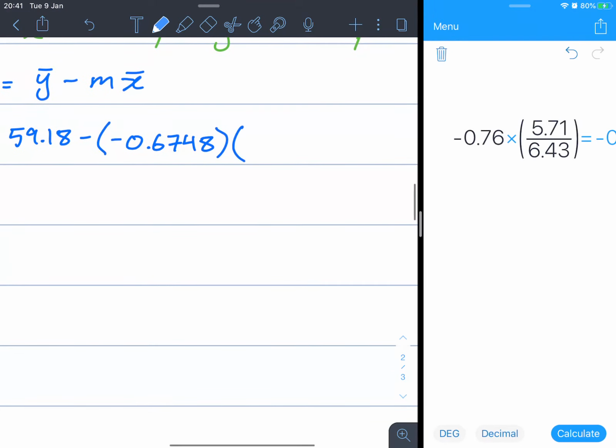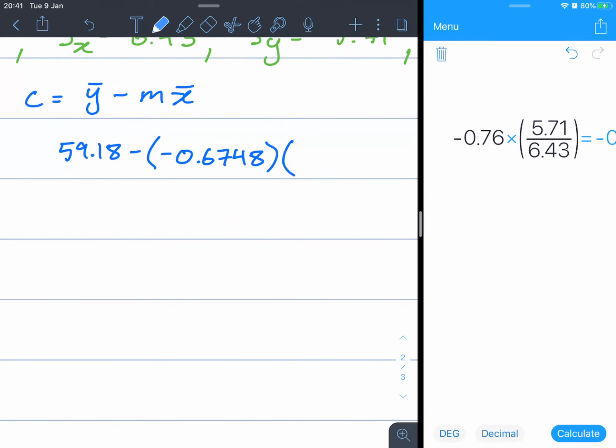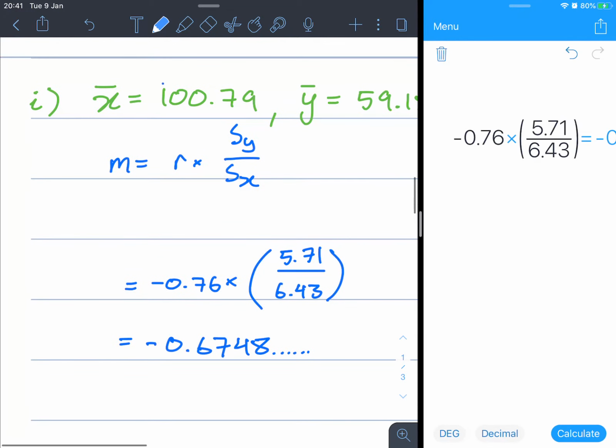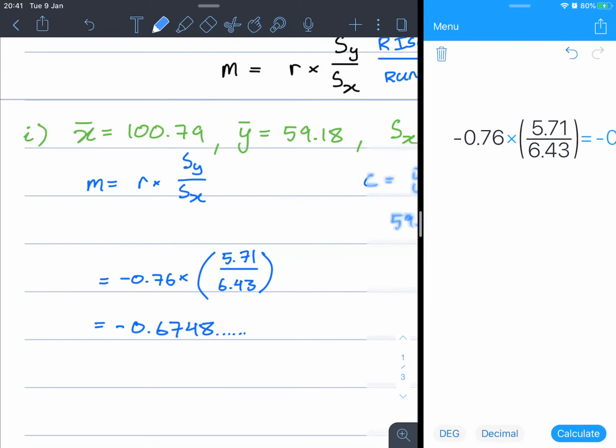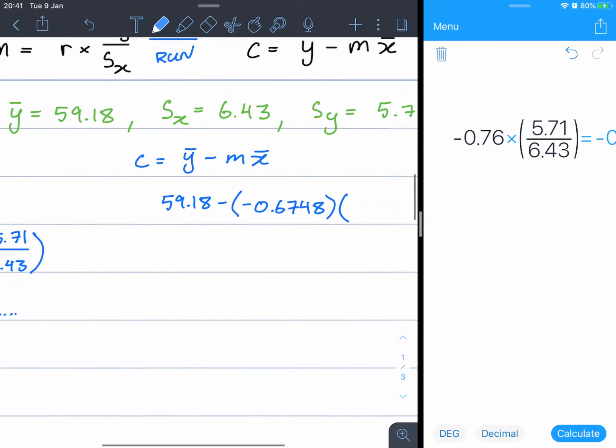times the x mean, which is listed here, 100.79.